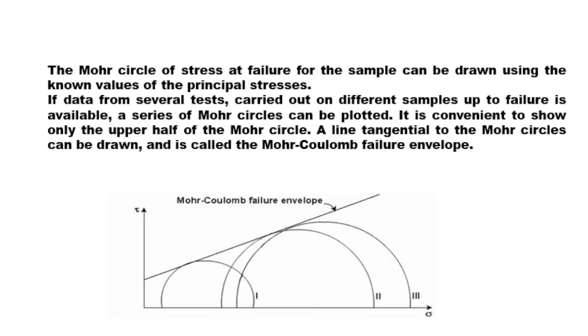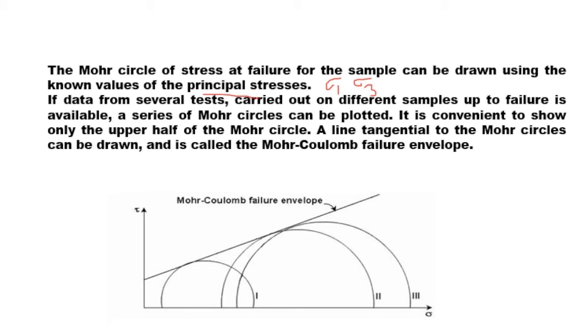The Mohr circle of stresses can be drawn using the values of principal stresses: sigma 1, the major stress, and sigma 3, the minor stress. If data from several tests carried out on different samples is available, we can study the failure with the help of Mohr circles.